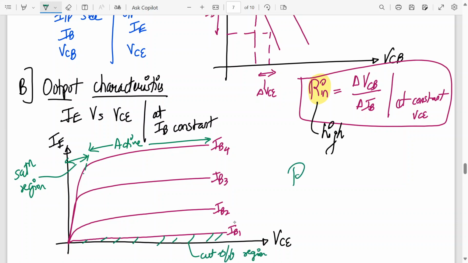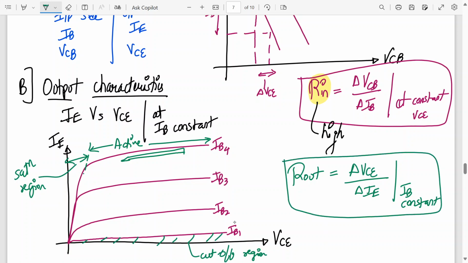Here you can determine Rout also. You can take the slope of this curve, so Rout will be delta VCE upon delta IE at IB constant.